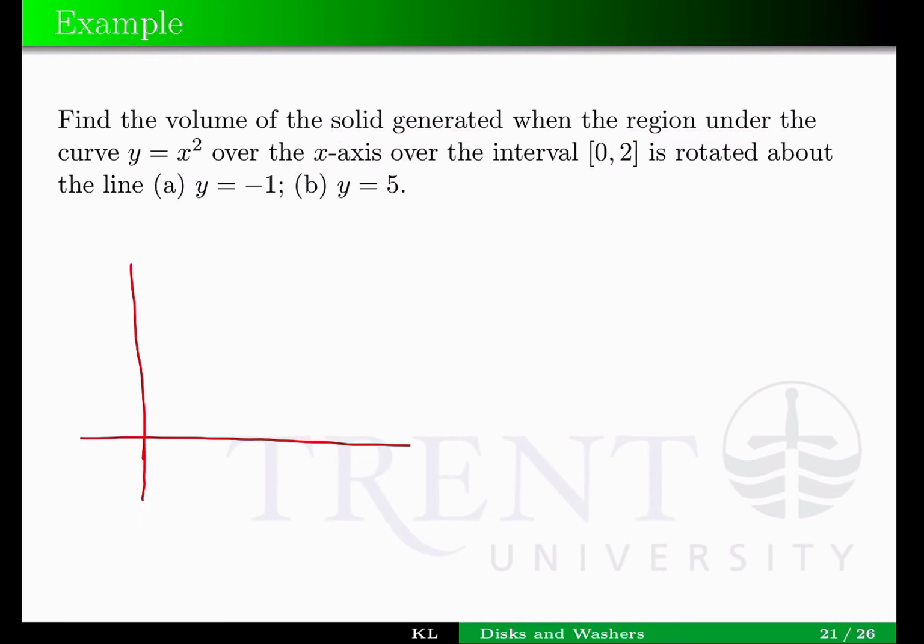So we have the curve y equals x squared. Let us draw this one, y equals x squared, over the interval 0, 2. So this is 0.